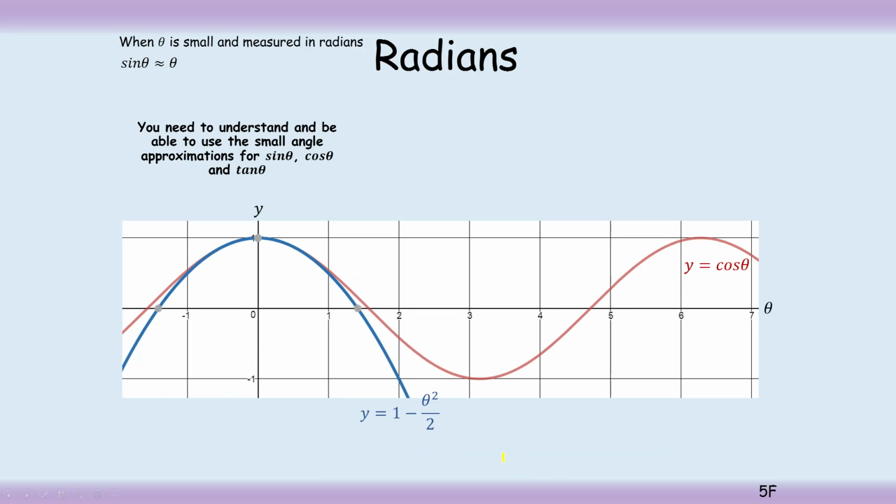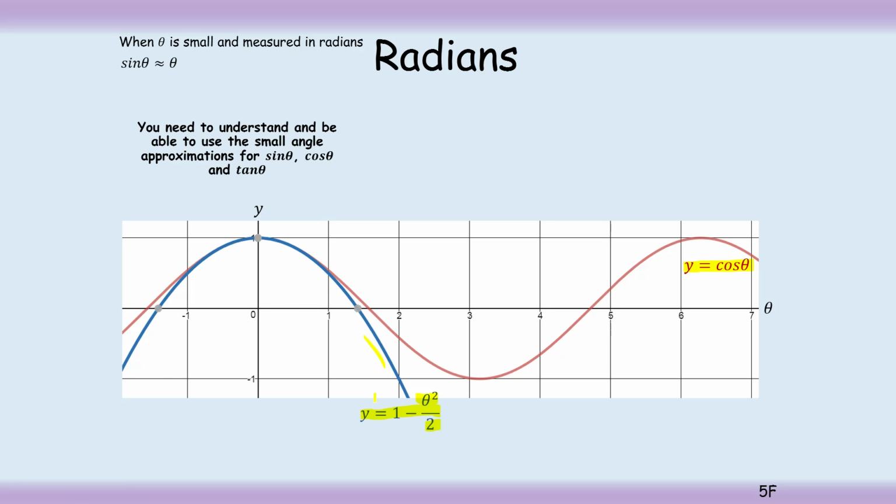This time on our grid we've got two curves. We've got our cosine curve. Our cosine curve is here, as normal. And we've also got this other curve, y equals 1 minus theta squared over 2. And that's this quadratic curve here.